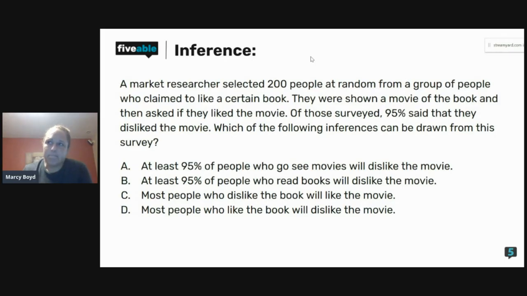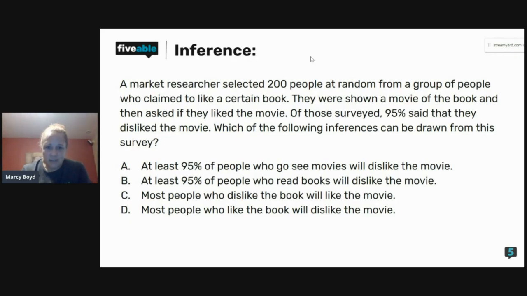To me, this is a math question, but wow, it is a reading question, isn't it? I mean, there's really not math to do. You're not even worried about putting it in your calculator. This really is a heavy reading question. So choice A says at least 95% of people who go see movies will dislike the movie.